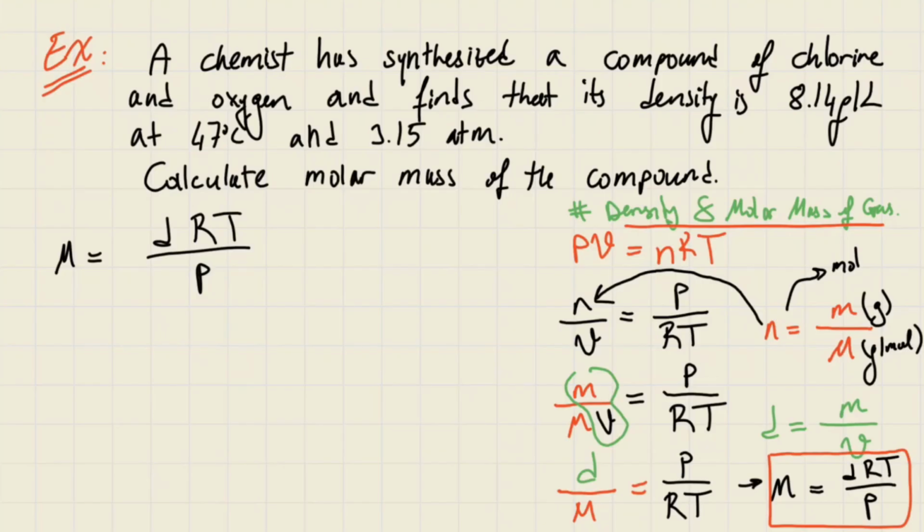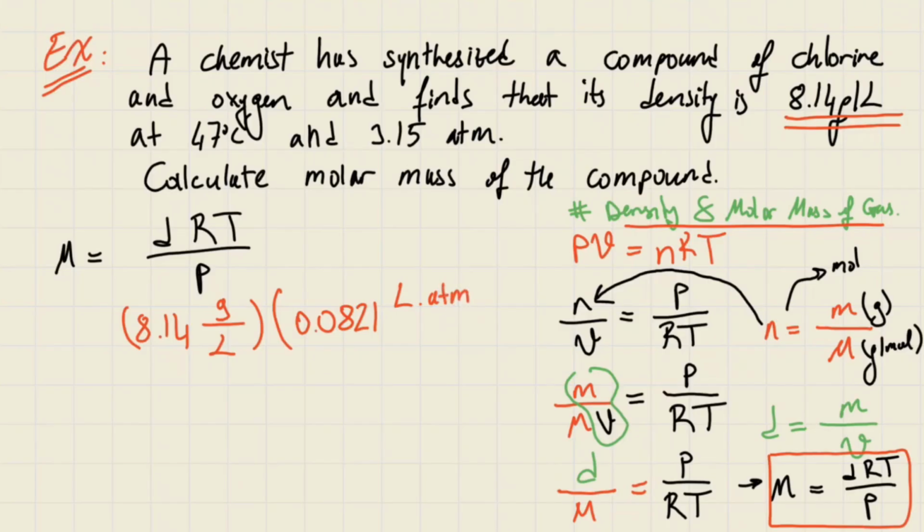So the density of our gas is 8.14 times R. By the way, we should write the units. So if I want to write the unit, it is gram per liter. And R is a constant, which is 0.0821 liter atm over Kelvin times mole.